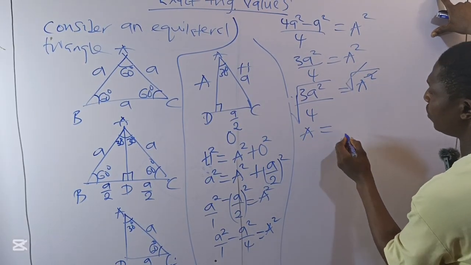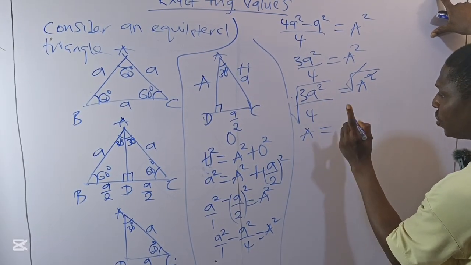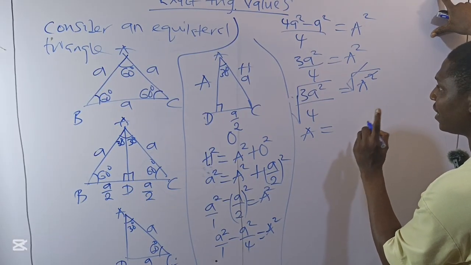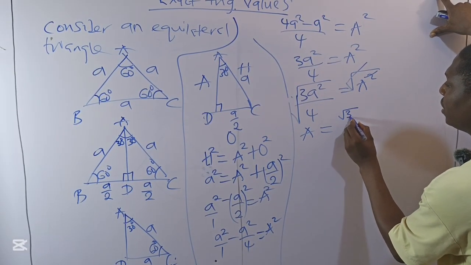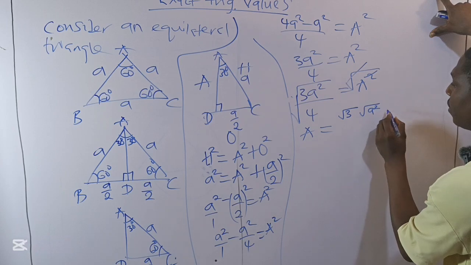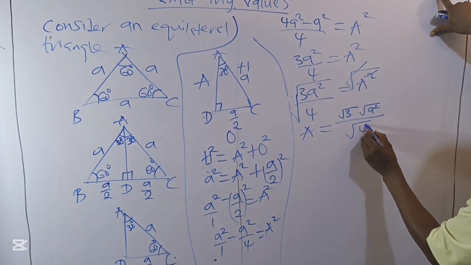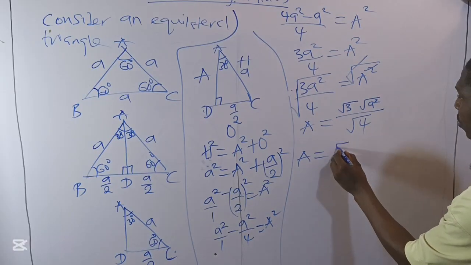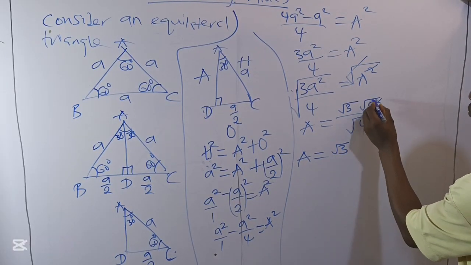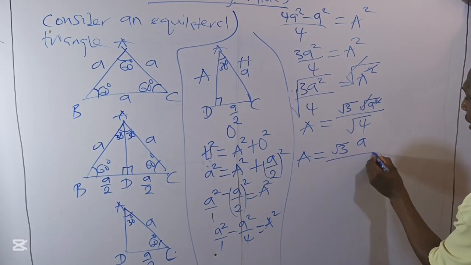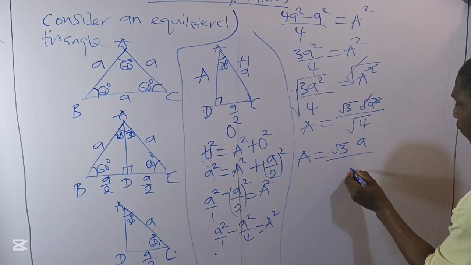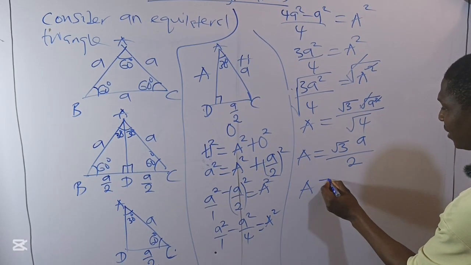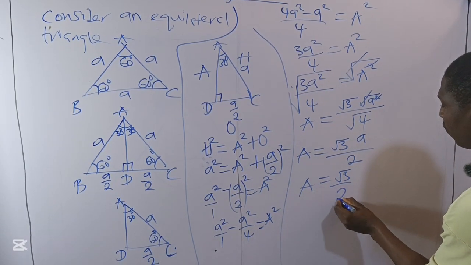This can be split using surd form, to give me root 3 and root A squared all over root 4. Now I have my A equals root 3 A, and the square root of 4 is 2. So I have my adjacent side as root 3 over 2 A.